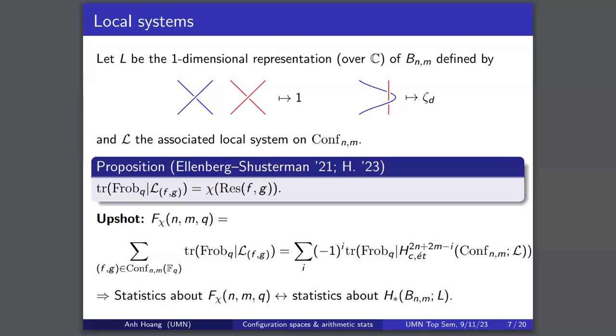But then by the Grothendieck-Lefschetz trace formula I mentioned before, we can write this as the alternating sum of the trace of Frobenius on étale cohomology of this space. So now we have turned the statistics about this character sum into statistics about the homology of these mixed braid groups with this particular one-dimensional representation.